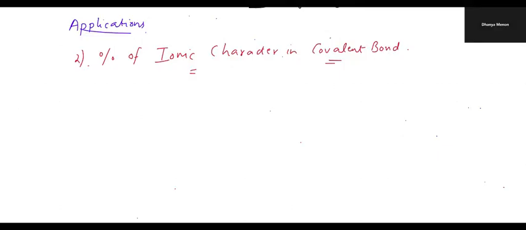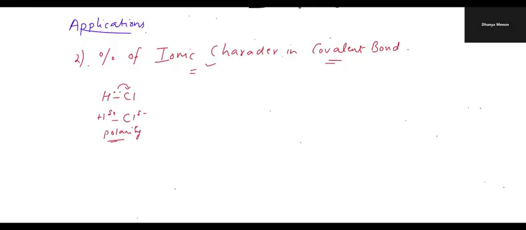For example, hydrogen and chlorine. We know that chlorine is more electronegative, so it will attract the shared pair, and chlorine will get a slight negative charge and hydrogen a slight positive charge. So there is a development of polarity, a difference in charges. Because of this polarity, they have some amount of ionic character, because of the positive and negative poles that have been formed.